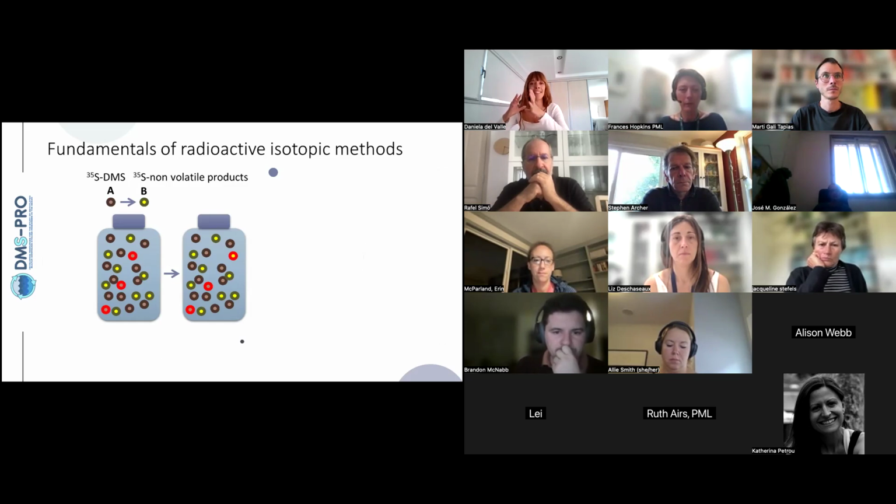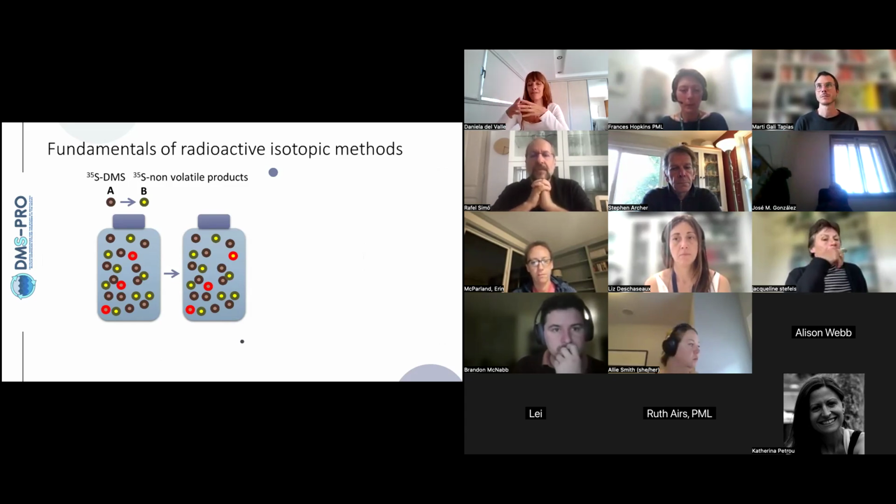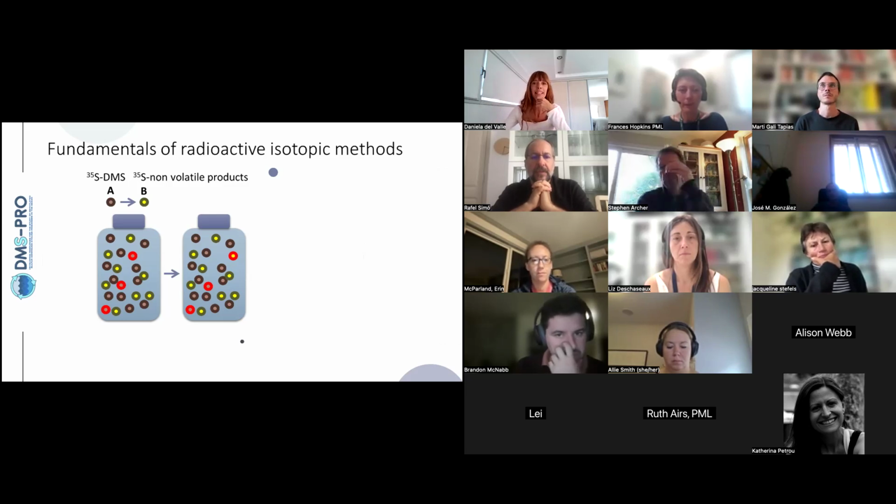So the activity in that vial is the same as before. We don't know if the radioactivity is coming from A or from B. So one of the bases of this kind of radioactive work is that we always need a way to physically separate the labeled reactant from the labeled product. That's when you have to be creative.